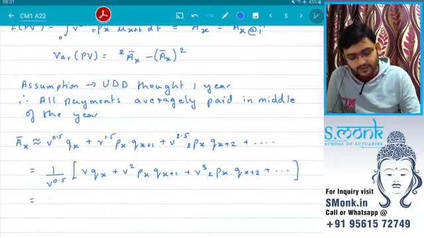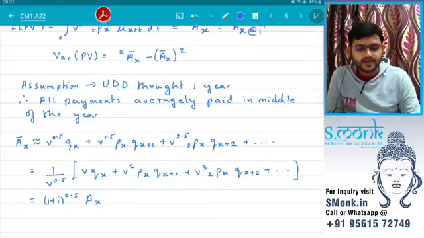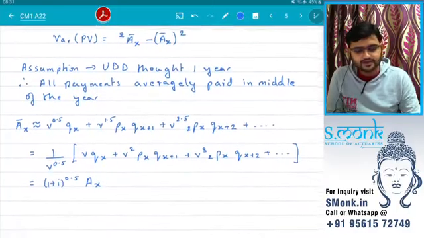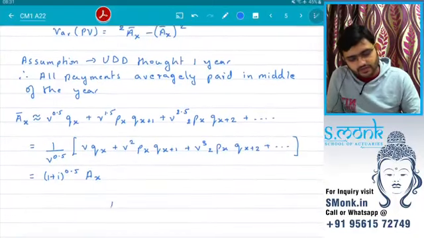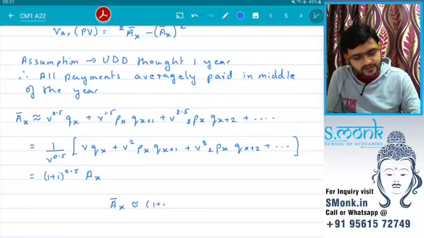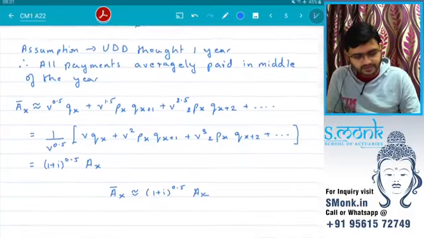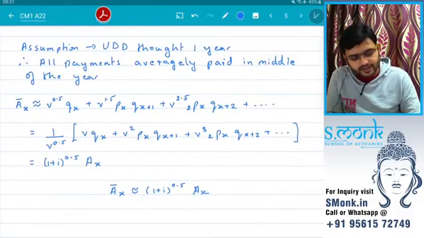This becomes equal to, let's say, 1 plus i raised to half, and this would be Ax, payment at the end of the year. Okay, payment at the end of the year. So our A bar x approximately is equal to 1 plus i raised to 0.5 Ax. And using the same relation, we can say that our 2A bar x will be approximately 1 plus i times 2Ax.